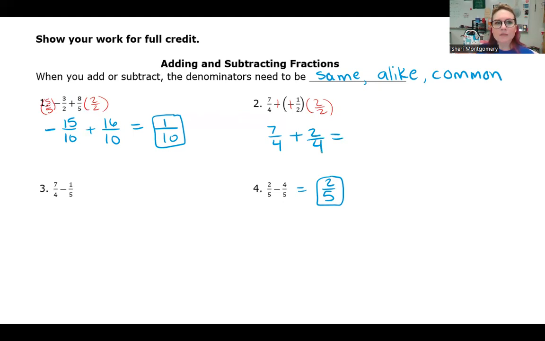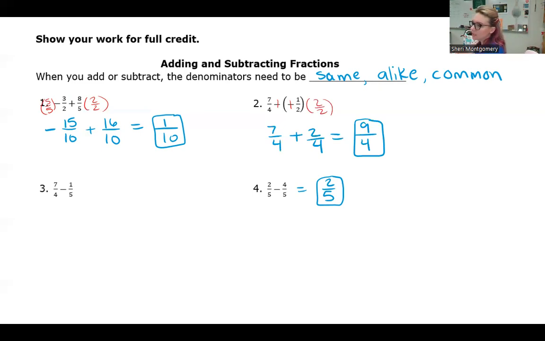And now that my denominators are the same, it's going to be the same in the answer. And then I just add across the top. So 7 plus 2 gives me 9. Does 9 over 4 reduce? Nope. So it just is what it is, and I'm going to leave it as a fraction.